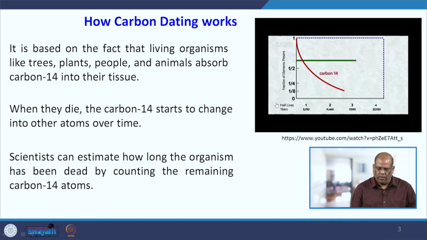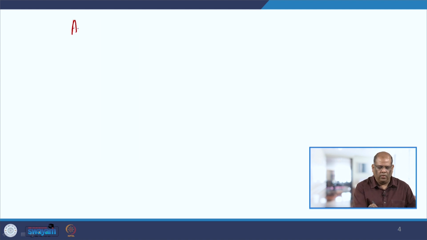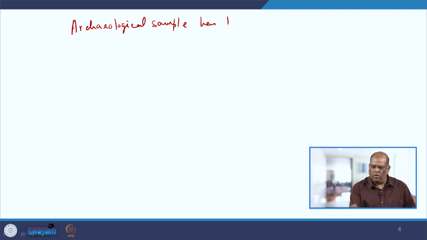To start with, let us say an archaeological sample has been found, and its age needs to be determined.